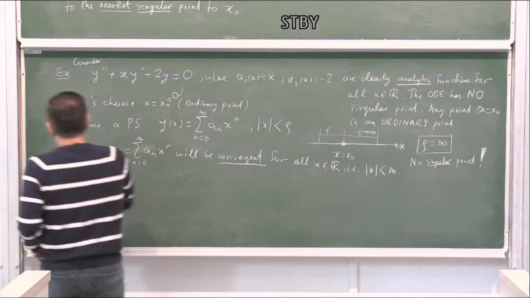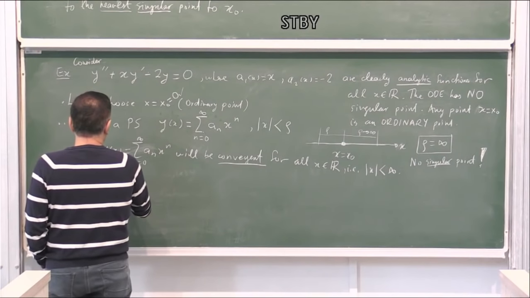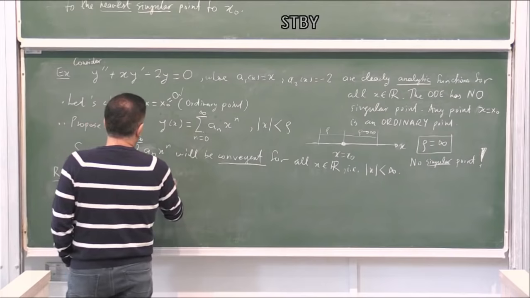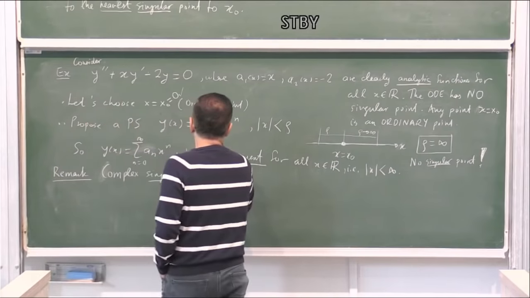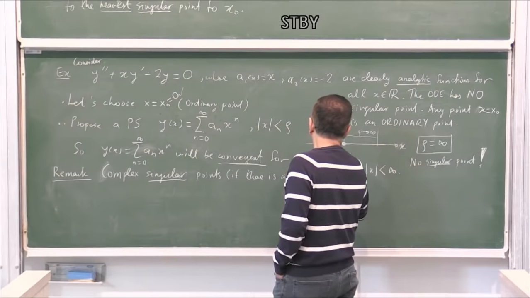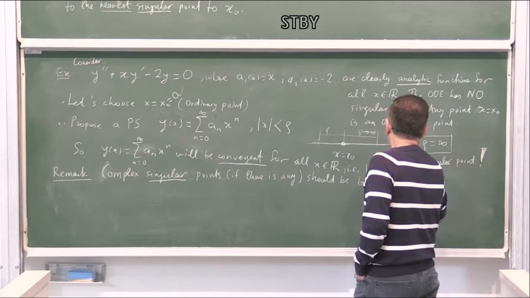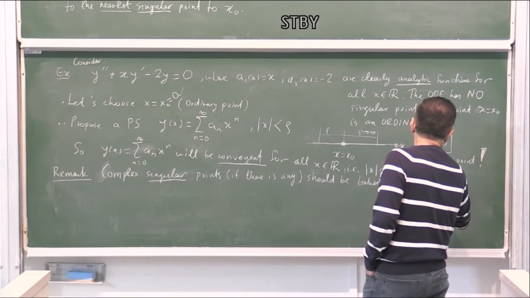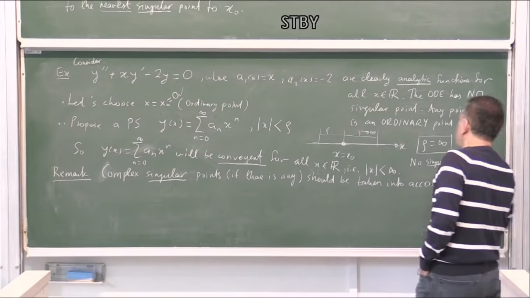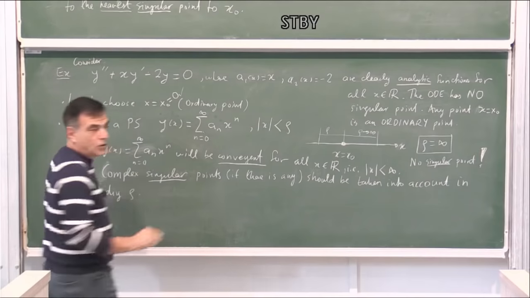But an important remark is that complex singular points, if there are any, should be taken into account in finding rho, in finding the radius of convergence.